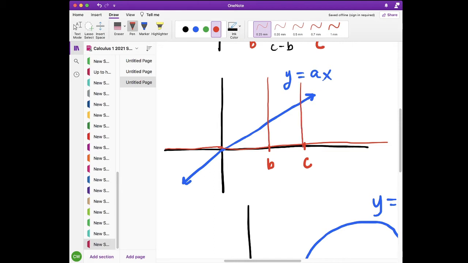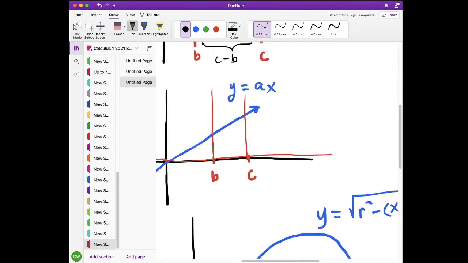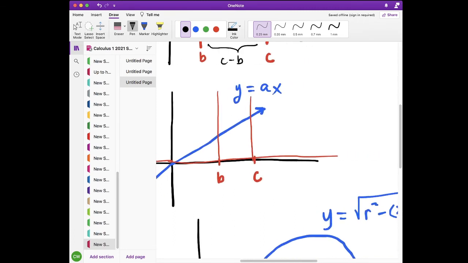I just want to find this region. Yeah, that's one way.